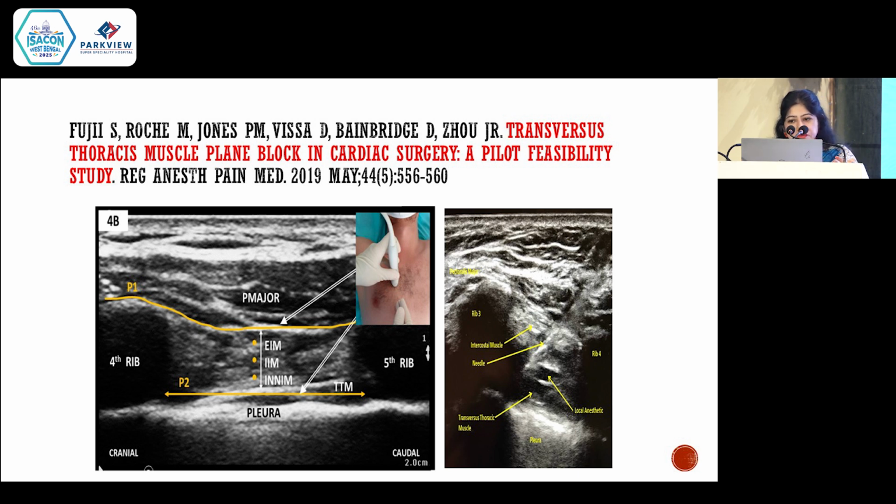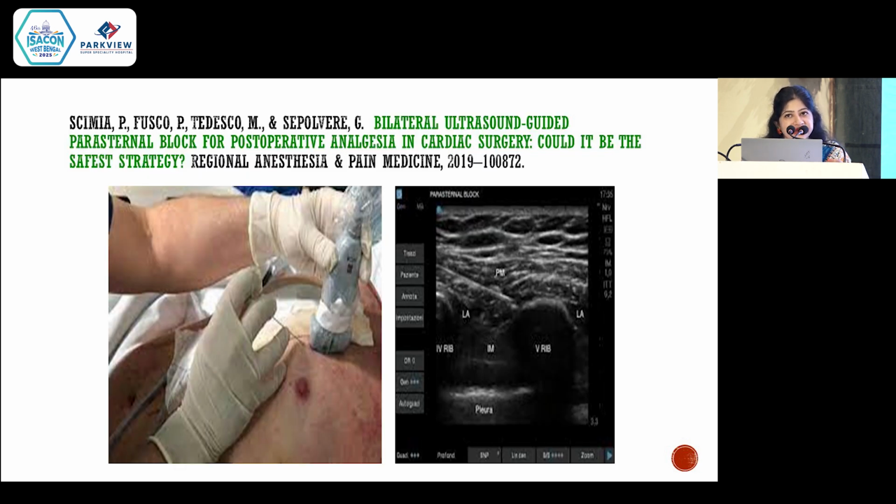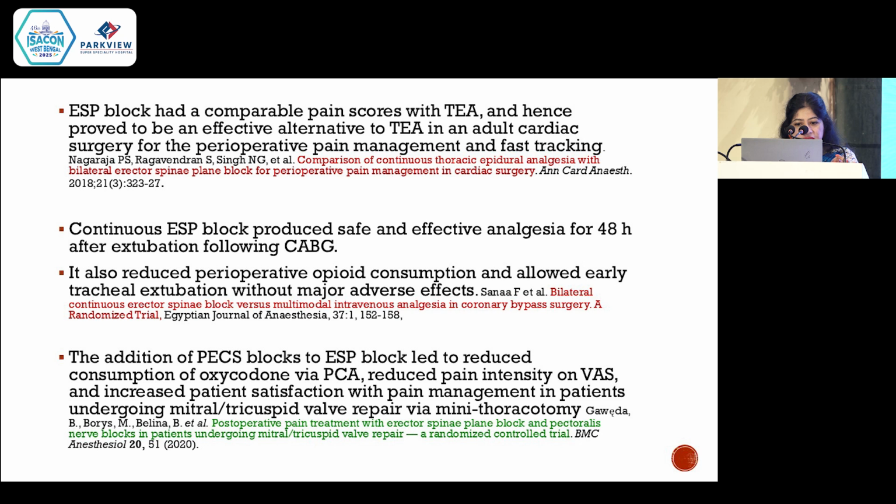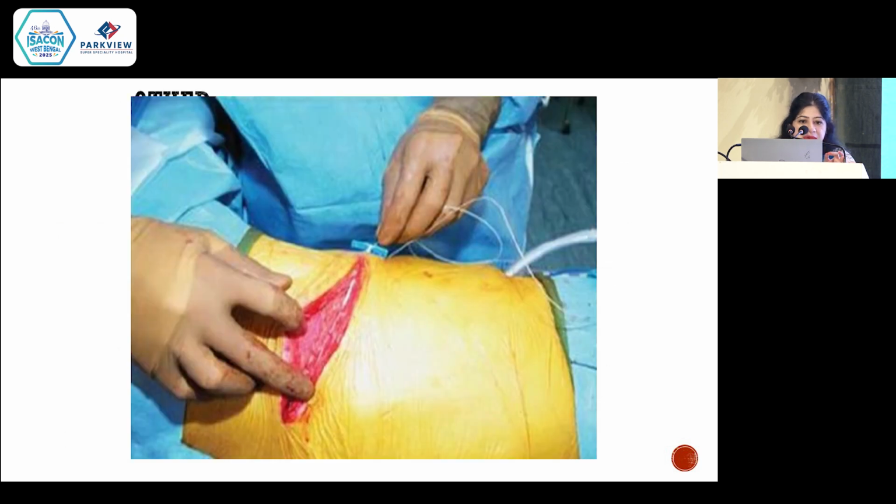NSAIDs have a very limited role in cardiac surgery, but still have a synergistic and opioid sparing effect. Now in ERAS for cardiac surgeries, multimodal analgesia is used everywhere from the preoperative, intra, and postoperative periods. We can use paracetamol, gabapentin, ketamine, dexmedetomidine, and SAP blocks previously to reduce the pain in cardiac surgeries.